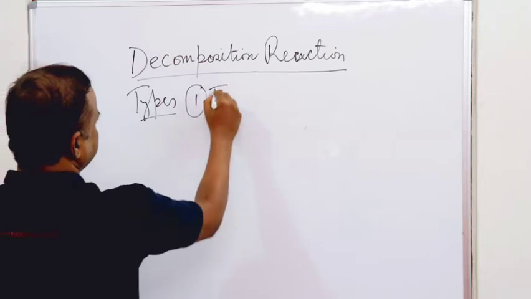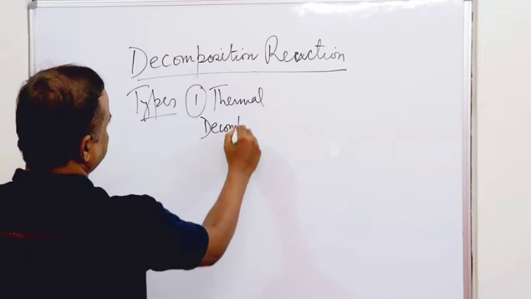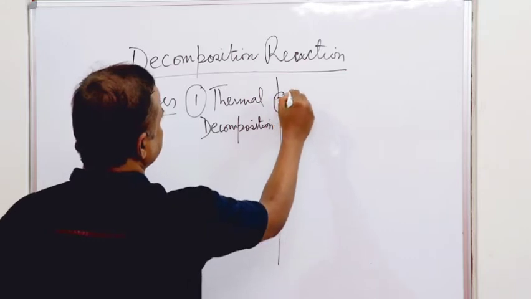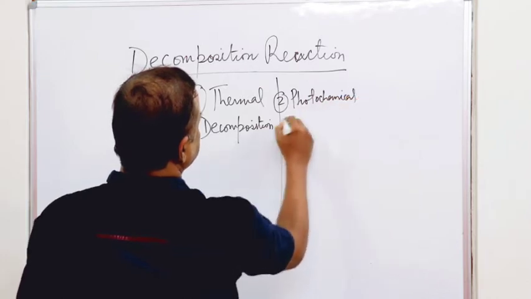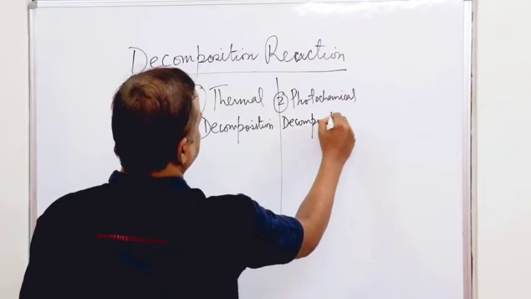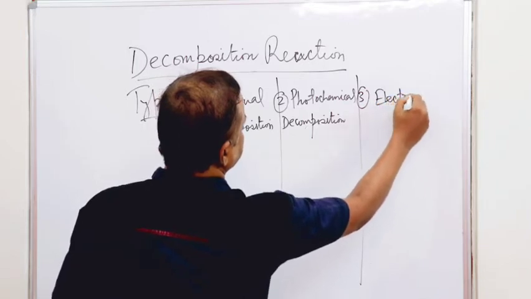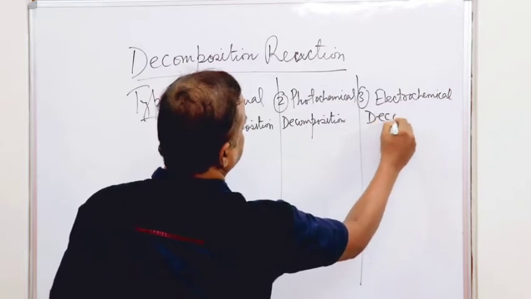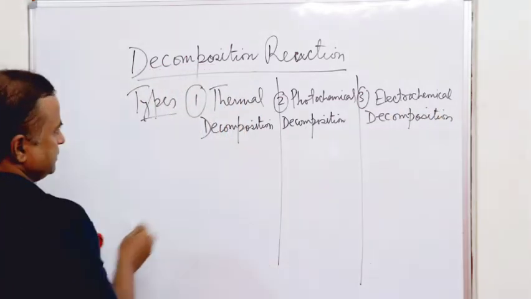Number 1, thermal decomposition. Number 2, photochemical decomposition. And number 3, electrochemical decomposition. Okay, so these are the 3 types.